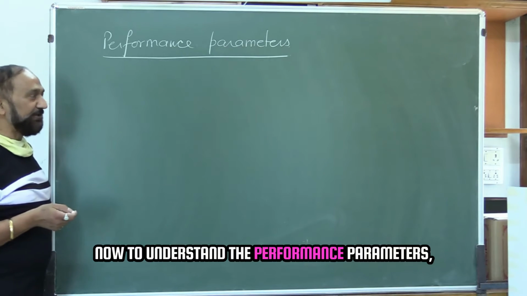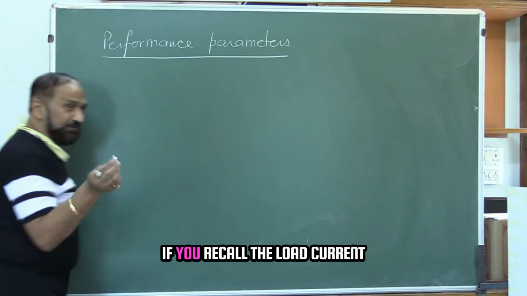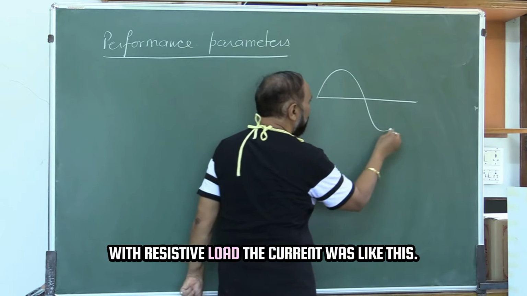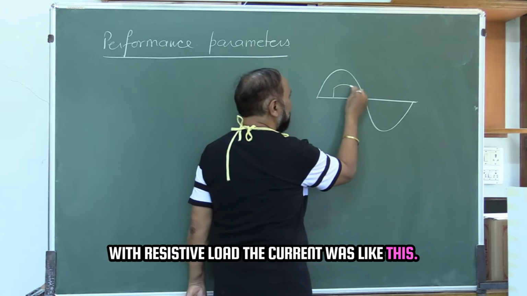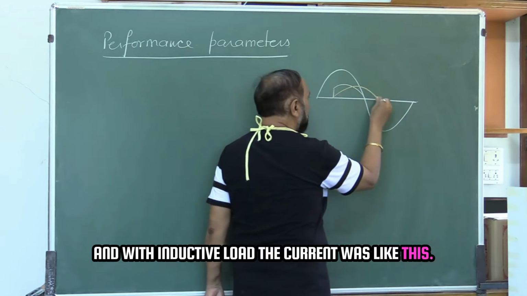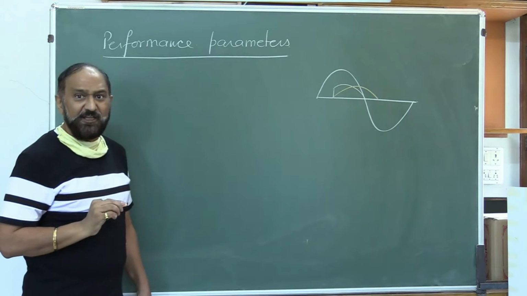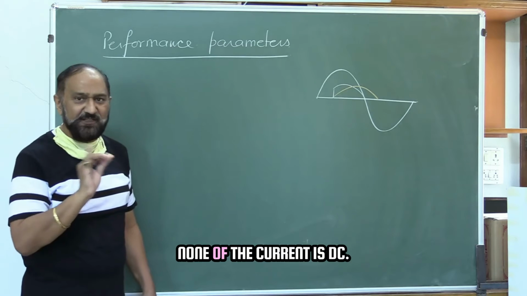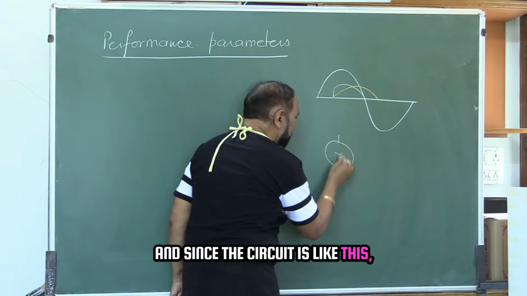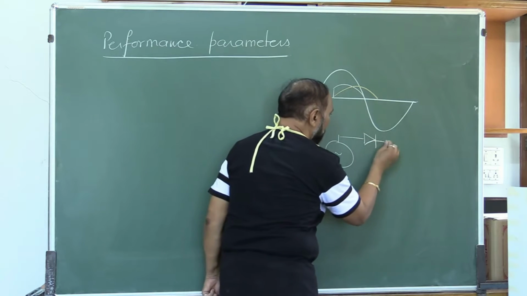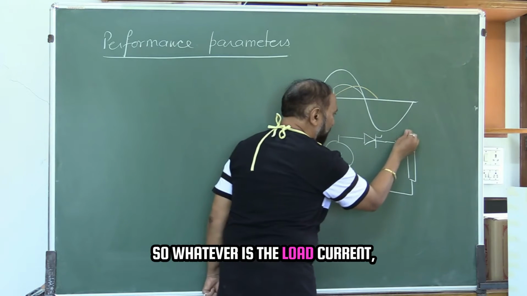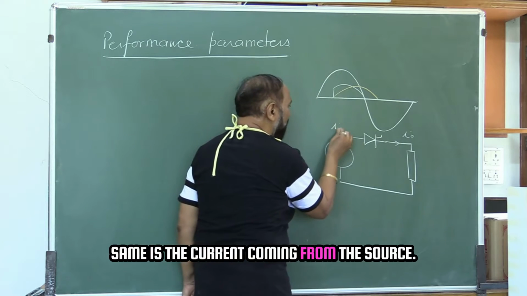Now, to understand the performance parameters, if you recall the load current, with resistive load the current was like this, and with inductive load the current was like this. None of the current is sinusoidal, none of the current is DC, and since the circuit is like this, whatever is the load current, the same is the current coming from the source.